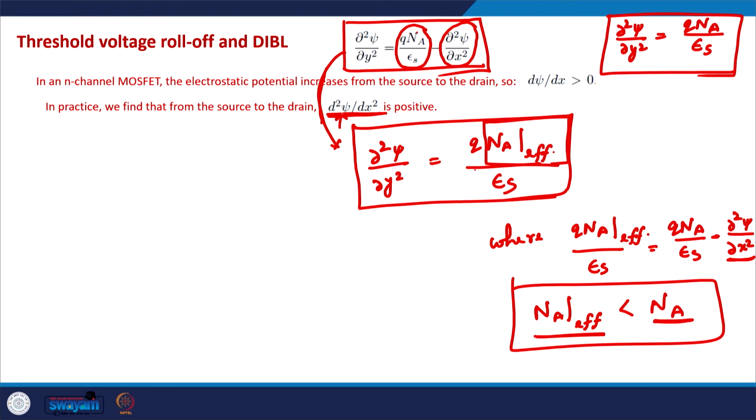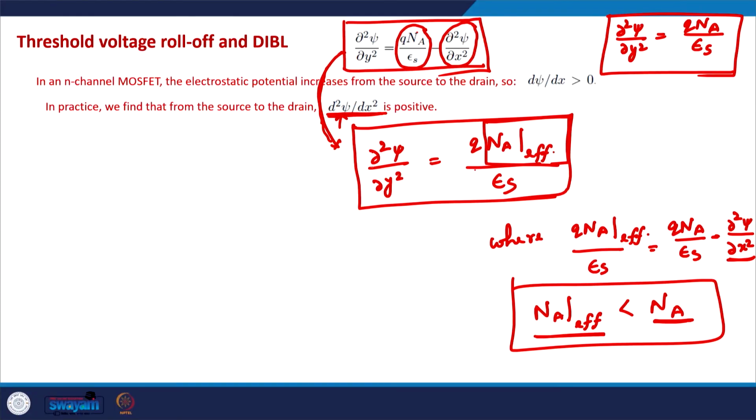Because what we have seen is that the 2D Poisson equation can be converted to a 1D Poisson equation like this. What we just need to do is replace Na by Na effective in all the expressions that we derived for the 1D Poisson equation. So, please go back and look into how things change, and that is what we will discuss in the coming class.